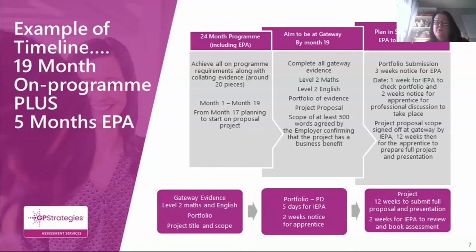And then the project, 12 weeks to submit the full proposal and the presentation. And then there's going to be 2 weeks on top of that for the independent assessor to review and book the assessment. So again, a very clear timeline, but some good planning is going to be needed to make sure that all those timelines are clearly met.